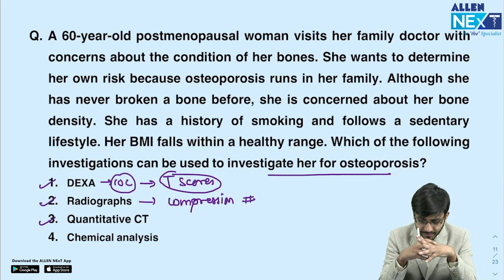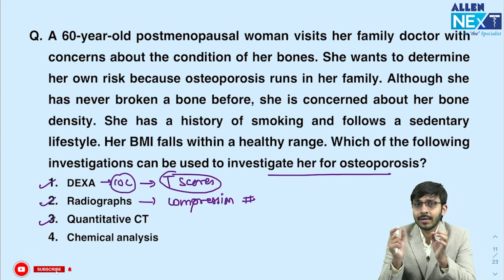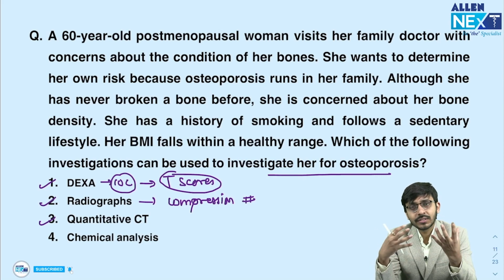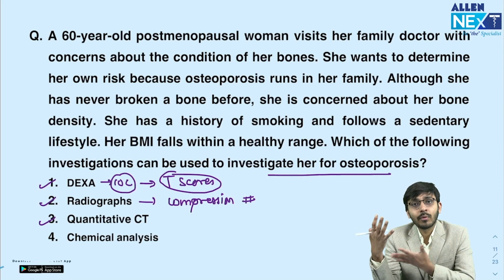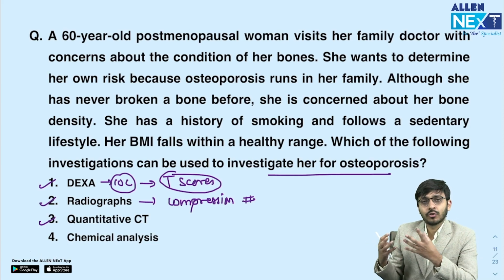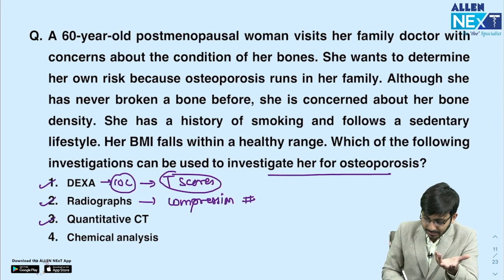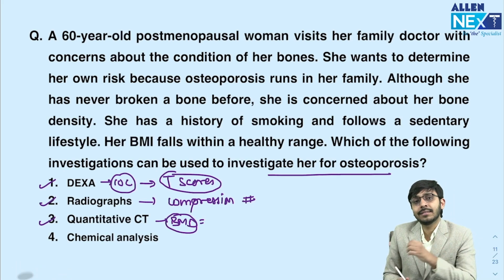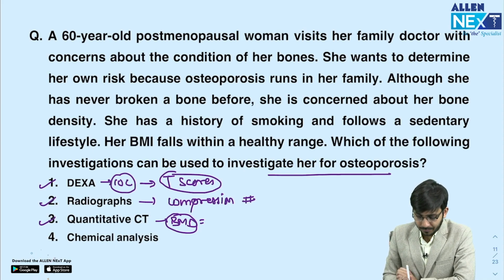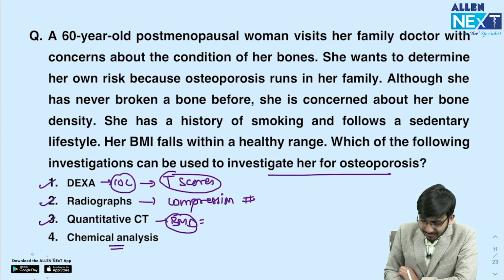DEXA, we know, measures the bone mineral density. And quantitative CT is another type of CT. A special software is used to analyze it, and it also analyzes the bone mineral density. So quantitative CT is also the correct option here. Okay. Now, chemical analysis in primary osteoporosis is usually normal.